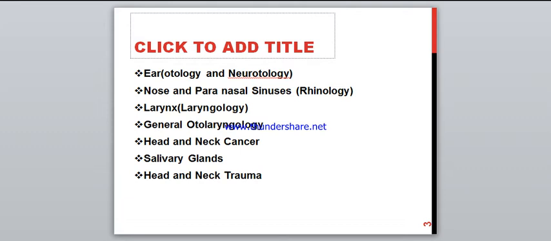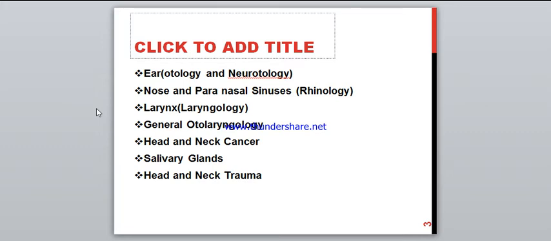So we'll see ear in detail, nose and paranasal sinus, which we also call rhinology, larynx, which we call laryngology, general otolaryngology, that is head and neck surgery, and head and neck cancer is also discussed in ENT.